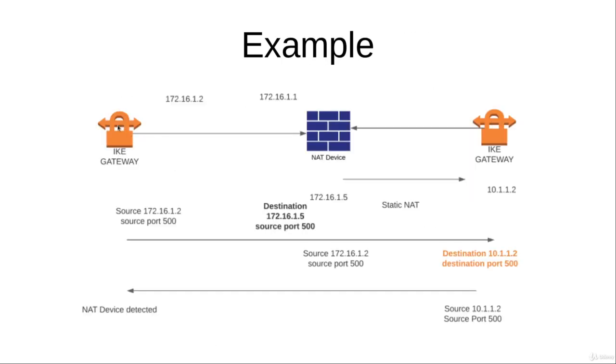When the initiator looks up the pre-shared key, it locates it based on the IP address it originally sent the packet to, which in this case is 172.16.1.5. It will not actually know anything about the actual destination IP of 10.1.1.2. The initiator doesn't really know that IP address; it only knows that the hashes sent by the responder didn't match any of the values it's expecting.